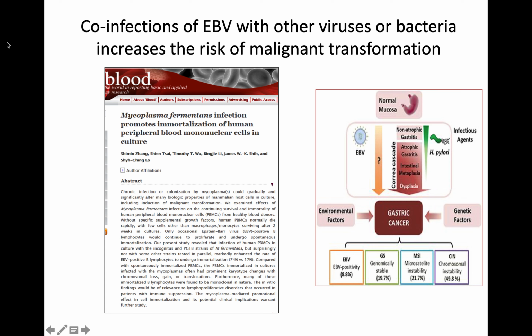They don't know the mechanisms, but it's interesting to note that it added longevity, or the white blood cells became quote unquote immortal. They did not die. Normally they die within 2 weeks. The blood cells did not die when you had both Epstein-Barr virus and the Mycoplasma fermentans bacteria in the suspension.